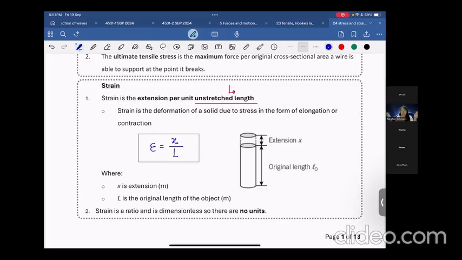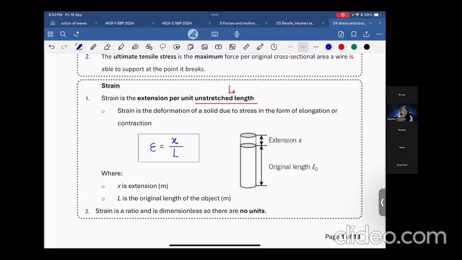So I know this instrument is new for you right now. I'm not going to teach you how to read it right now. I need a worksheet to tell you how to read it. During the practical I will tell you, but I just let you know that there is something like this.